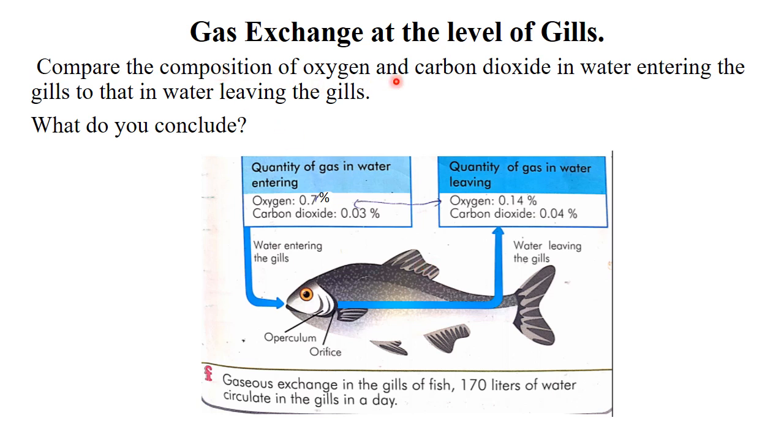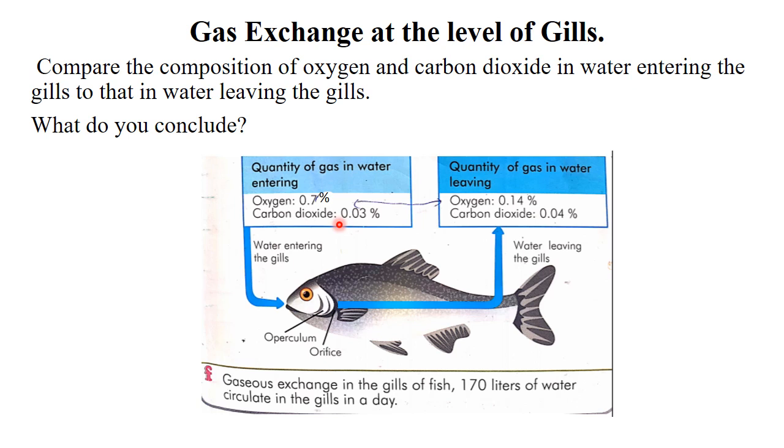Compare the composition of oxygen and carbon dioxide in water entering the gills to that in water leaving the gills. What do you conclude? So we compare oxygen in water entering versus oxygen in water leaving. In water entering the gills, the quantity of oxygen is 0.7%, greater than that in water leaving the gills, which is 0.14%.